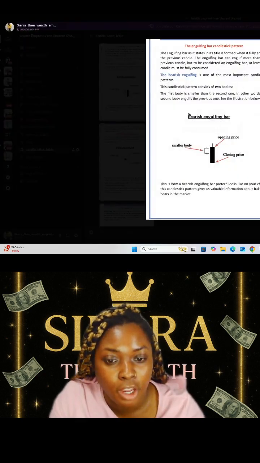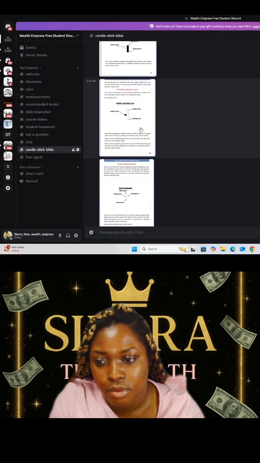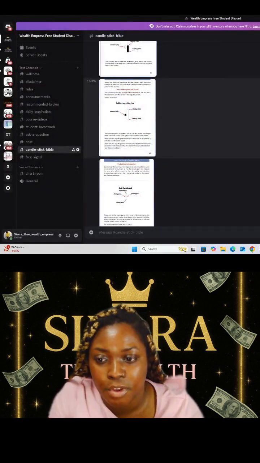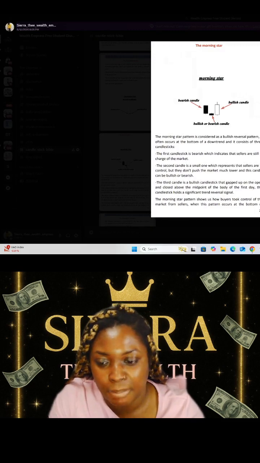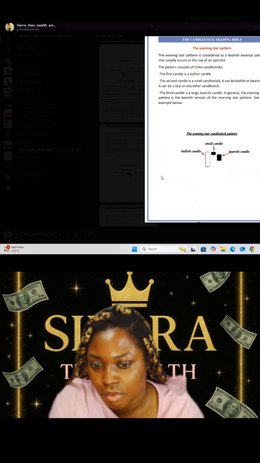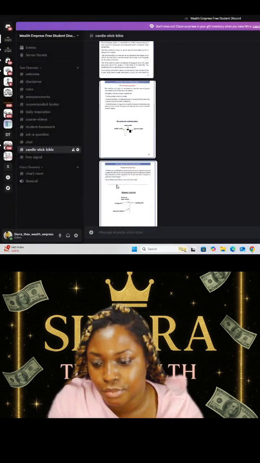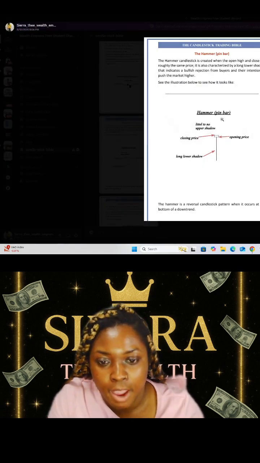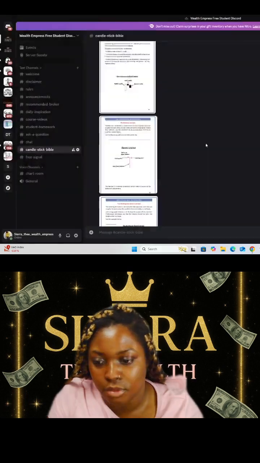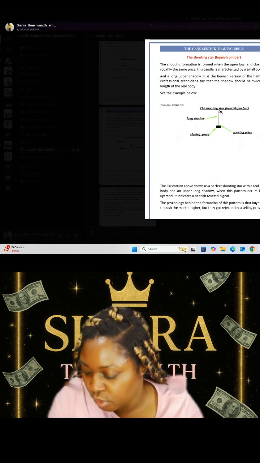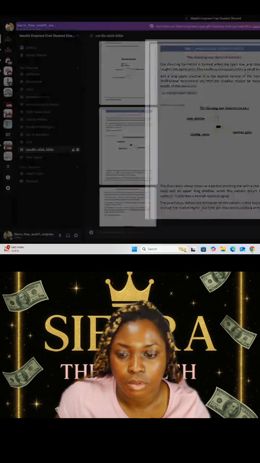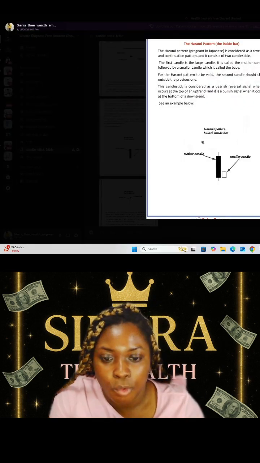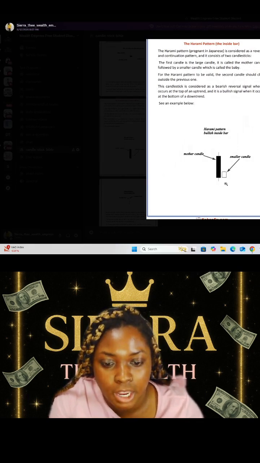We have our bearish engulfing bar, our bullish engulfing bar, a morning star, an evening star, a hammer, which is a bullish pin bar, a shooting star, which is a bearish pin bar, a Harami pattern, which is called a bullish inside bar.